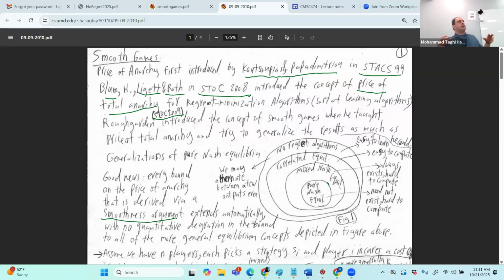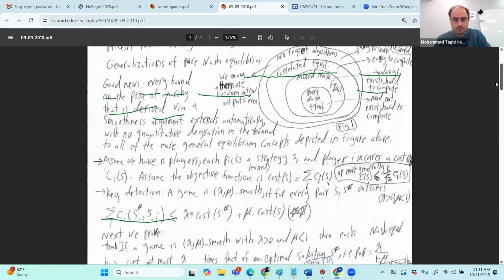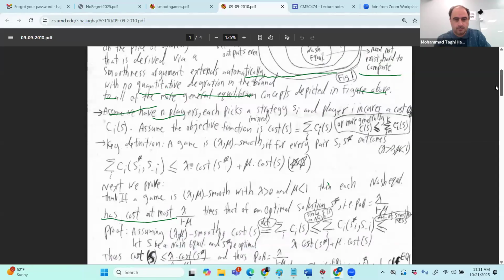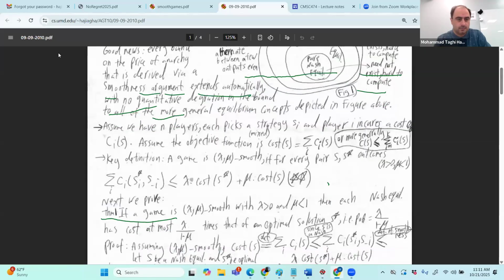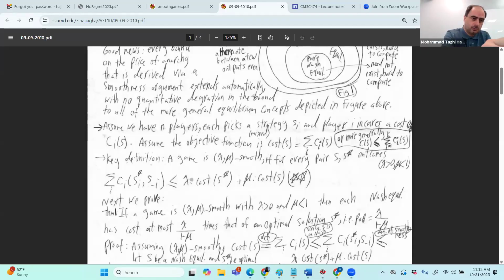What is the idea? How do we reach a Nash equilibrium? You can consider what is called the dynamics of the game. We have n players, and each of them picks a possibly mixed strategy Si.